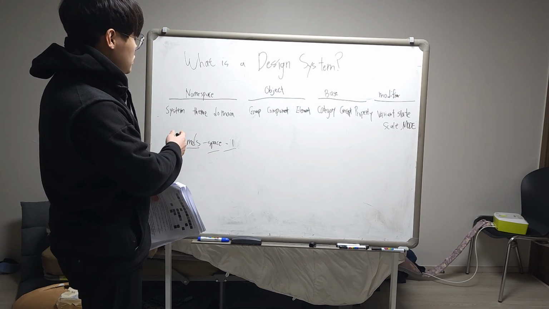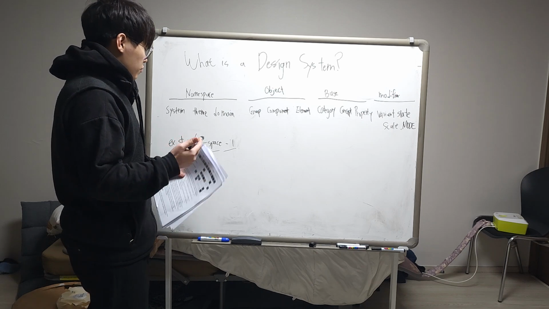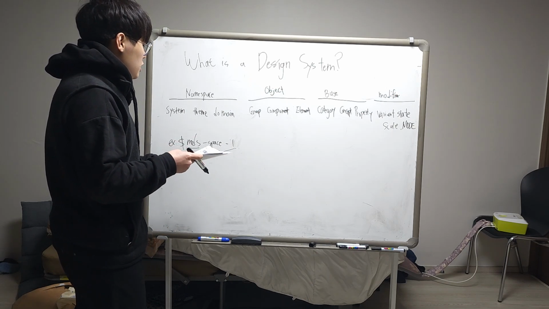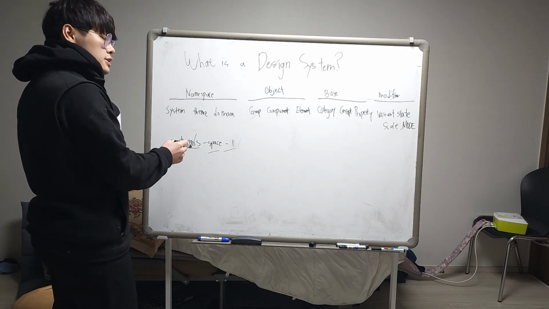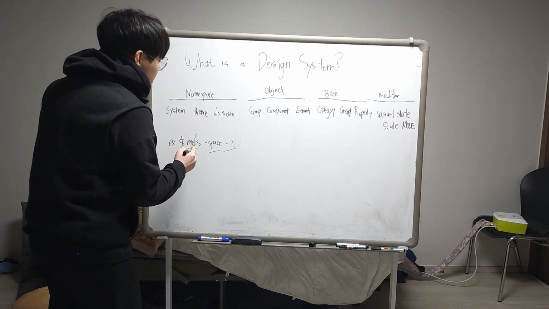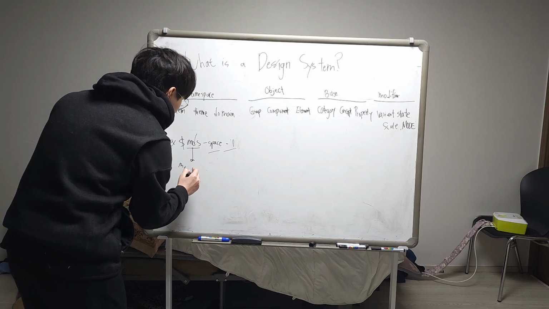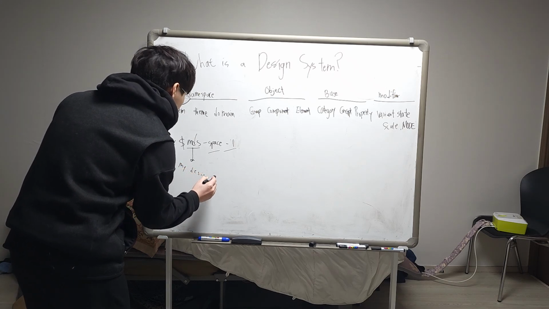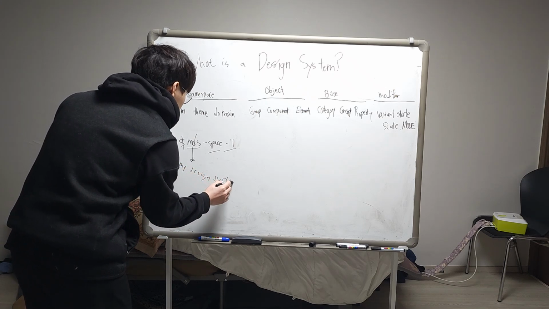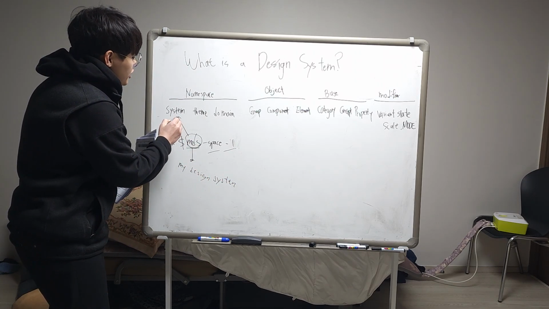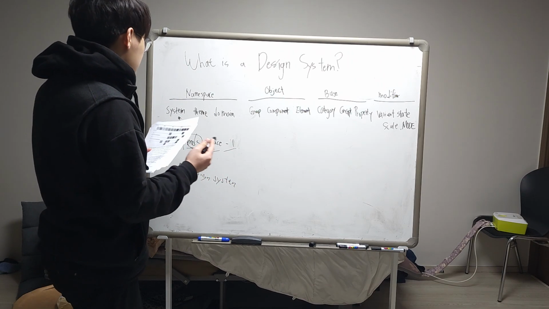I know this is really weird and might confuse you, but MDS is just the simplified name of my design system. So you can name your own design system the same way. This MDS is part of here. How about space?